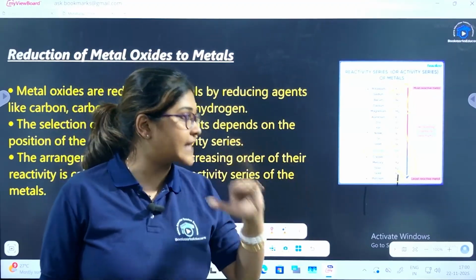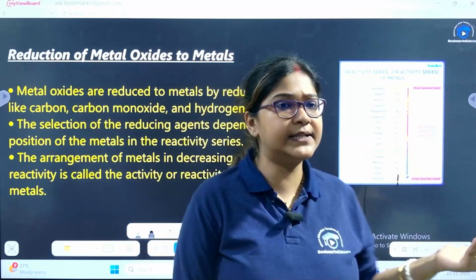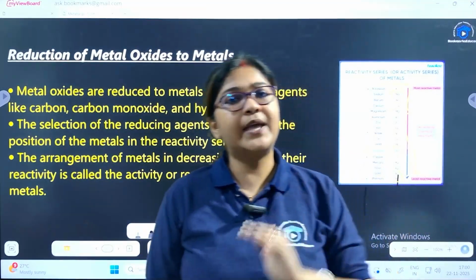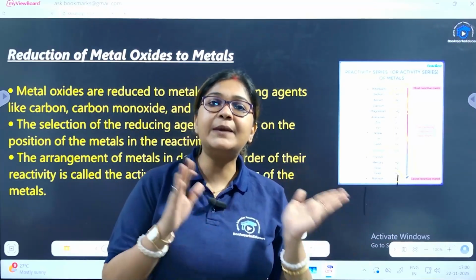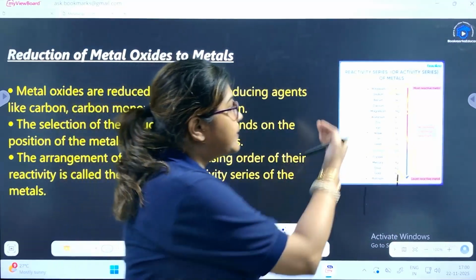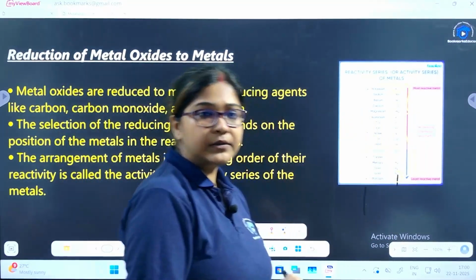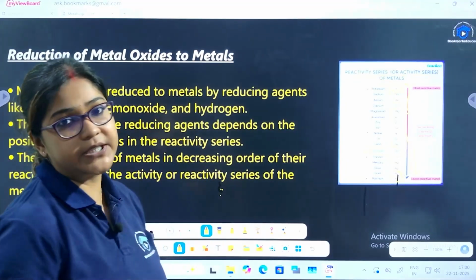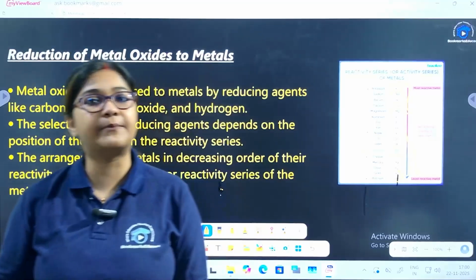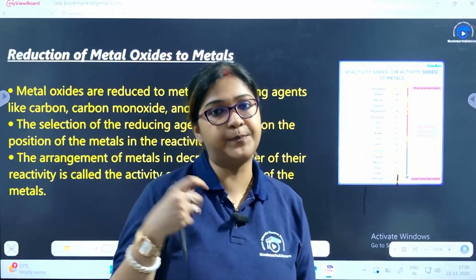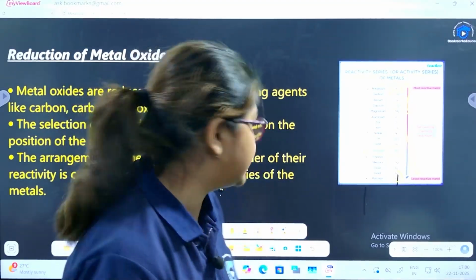The oxides, sulfides or carbonates of mercury and silver can be easily converted to their respective metals simply by heating. And metals that are lower than copper in the activity series do not rust easily. So these are some facts about the metals and their positions in the reactivity series.